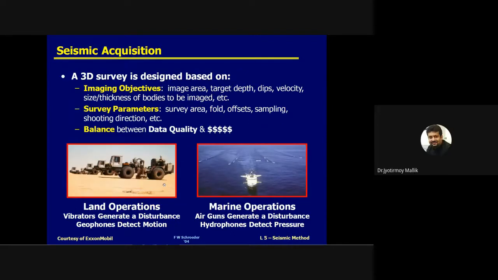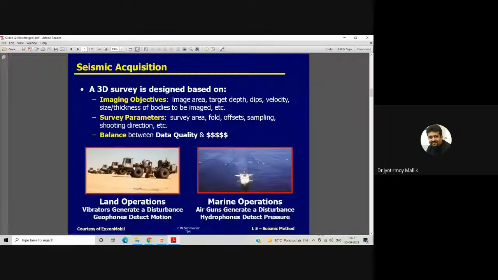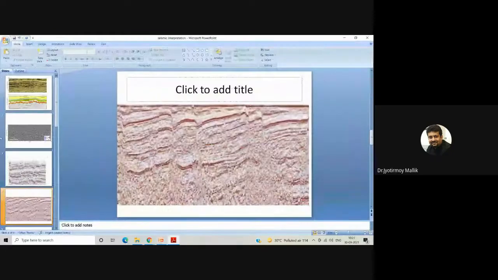So now, as I said, the first step of this whole business is seismic acquisition. Seismic acquisition can be of two types. One we call the 2D seismic, and the other we call the 3D seismic. 2D seismic means, let me draw a few things for you.